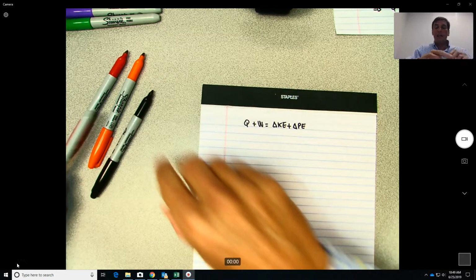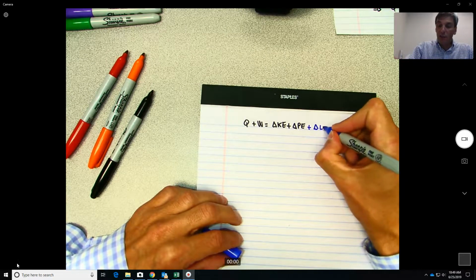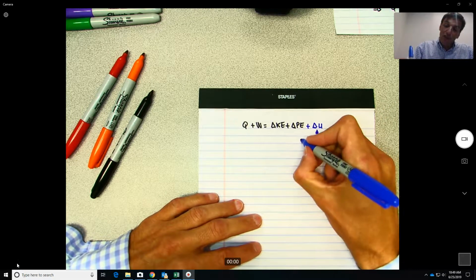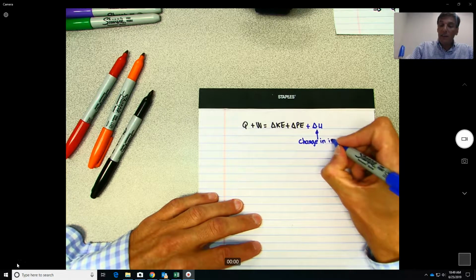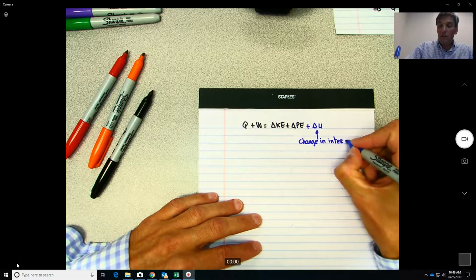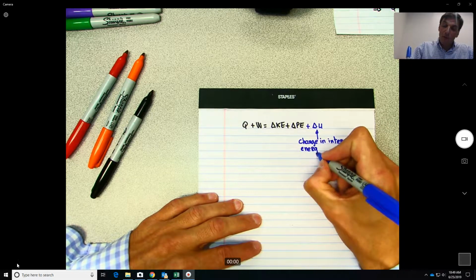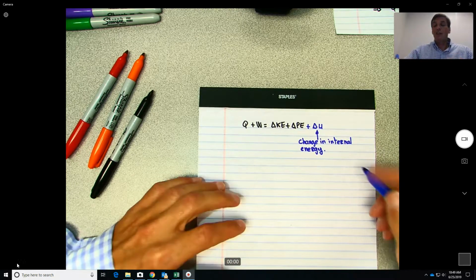And I'm going to add one extra term, which is generally denoted by delta U. The delta U is the change in internal energy, which basically includes all the internal changes in energy.